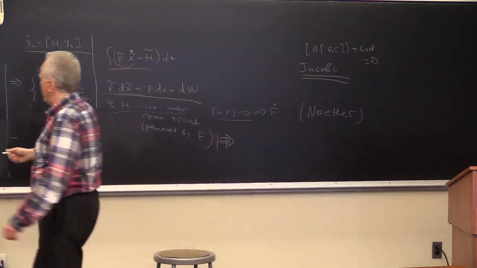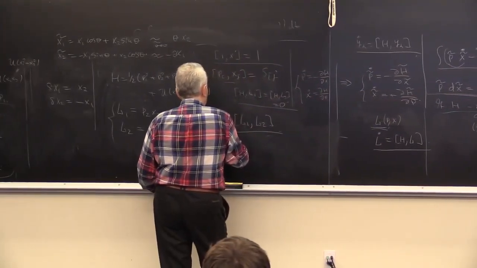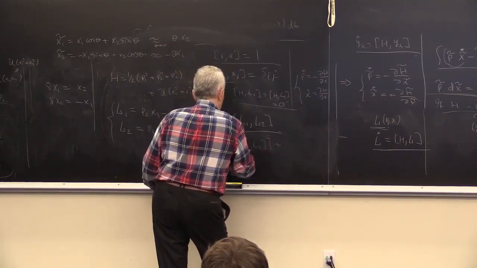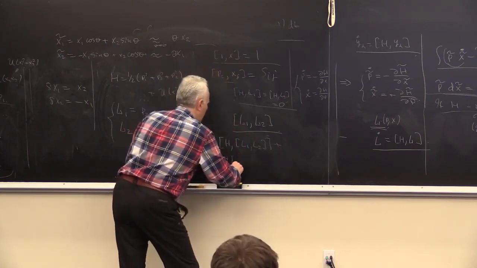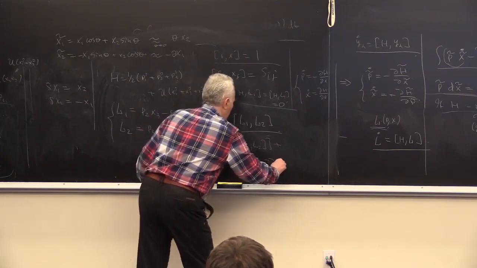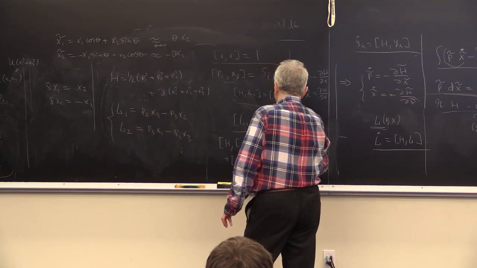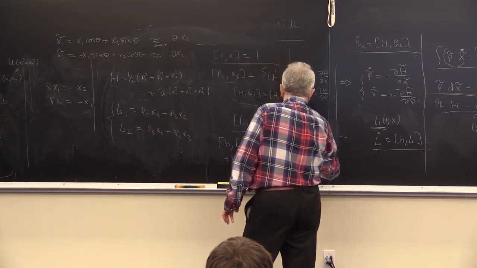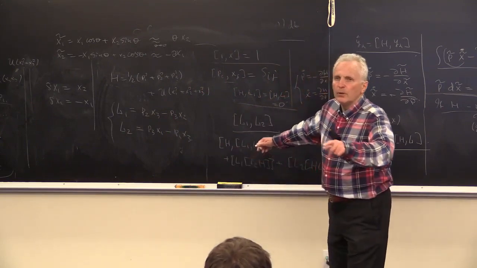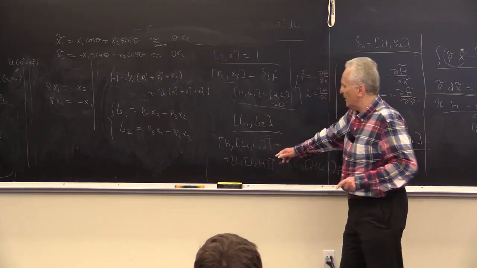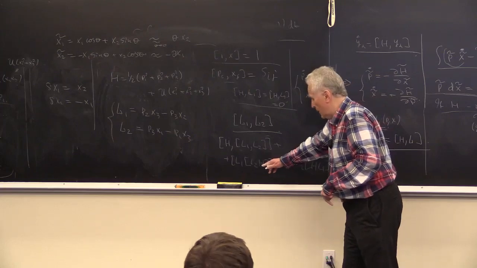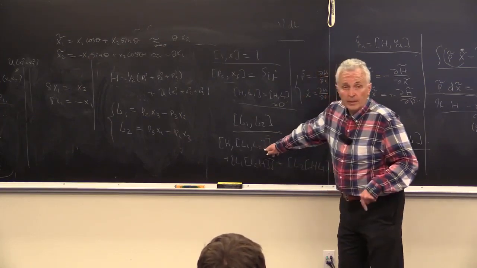So if you calculate, you get the bracket of H with the bracket of L1, L2, plus the bracket of L1 with the bracket of L2, H, plus the bracket of L2 with the bracket of H, L1, is 0. I hope you notice that I'm writing it in this form. So from here you immediately see that if two of these are 0, then the third is also 0.